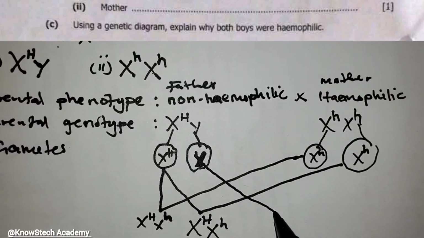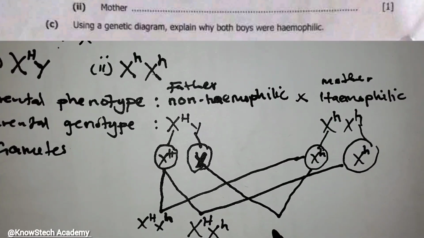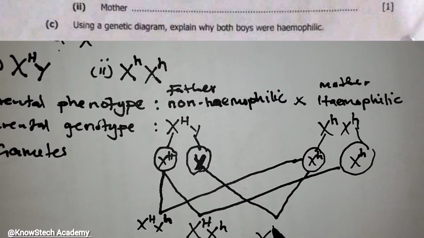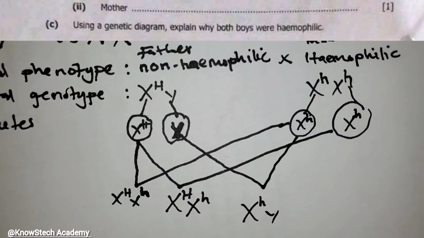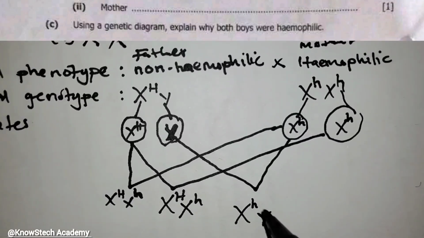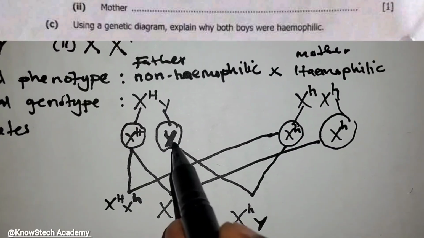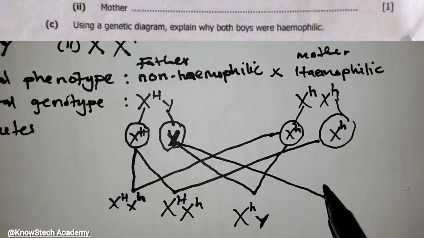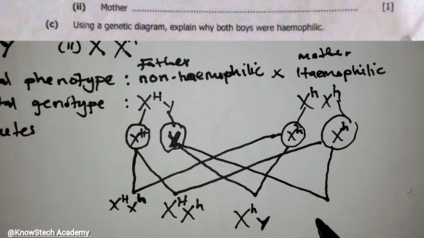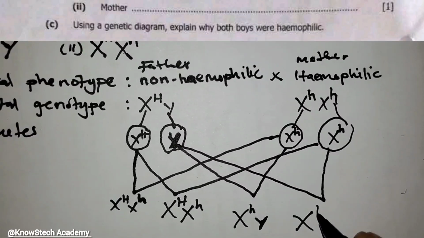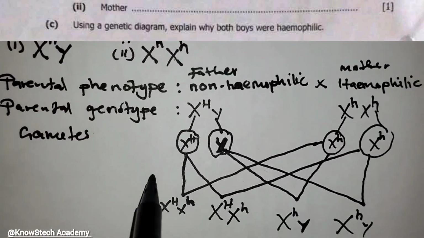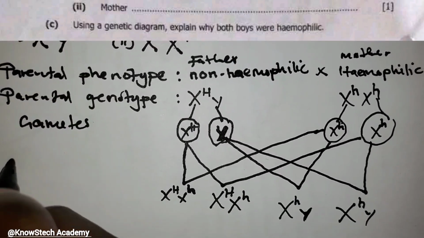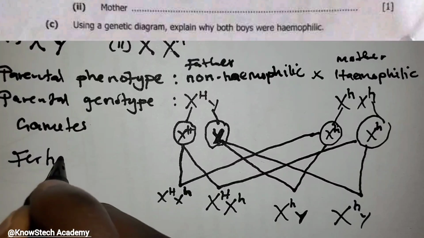Then we come to this, it will be X, small letter h, then Y. Then the last one. What was happening here was fertilization.